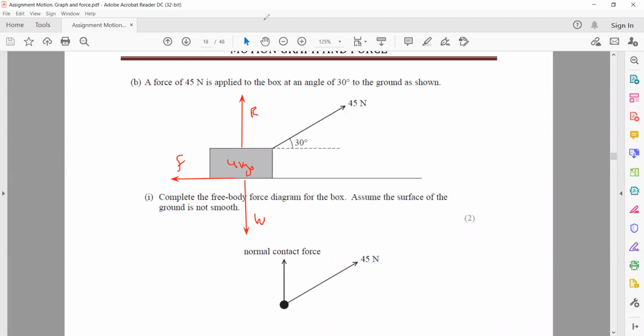The one with the angle will be 45 cos theta, and the one against the angle will be 45 sin theta. So this will be 45 cos 30, and this will be 45 sin 30.